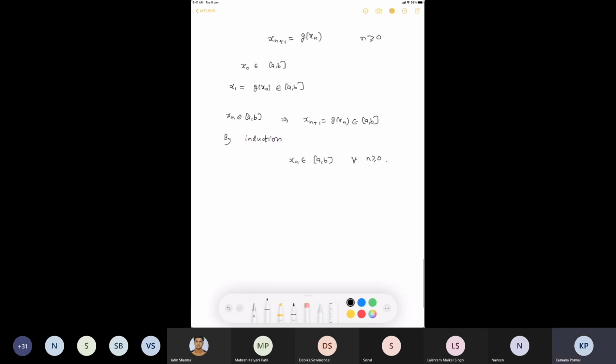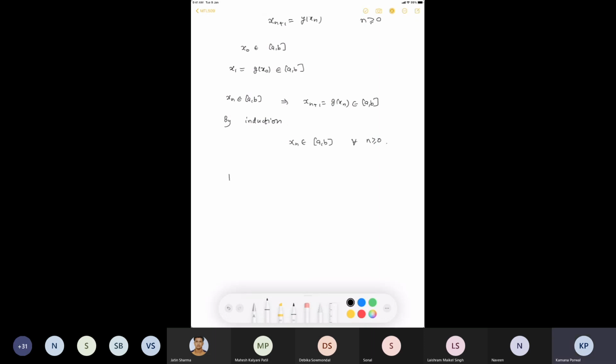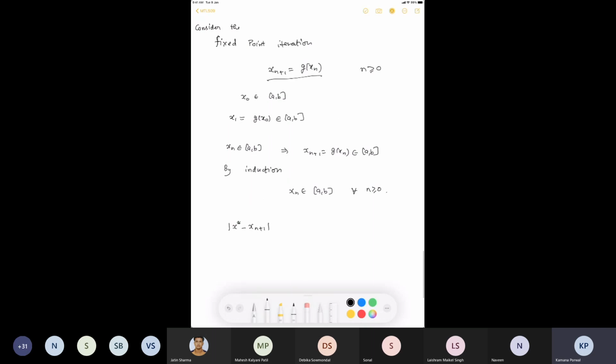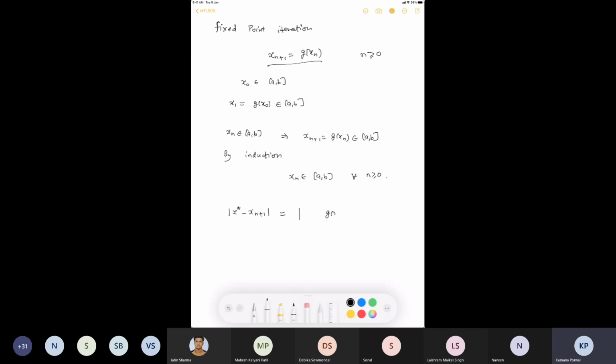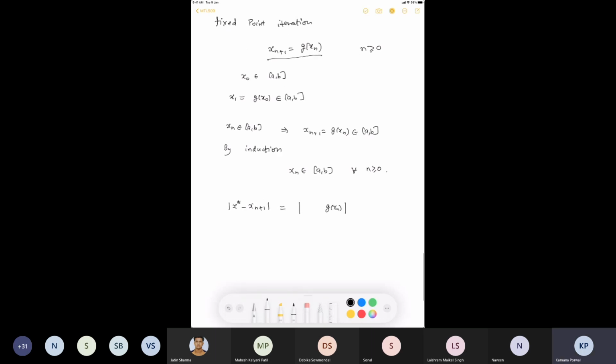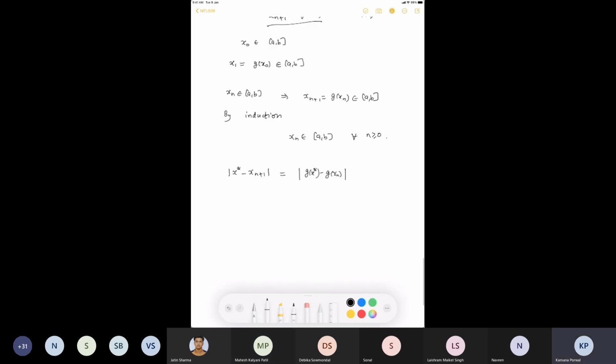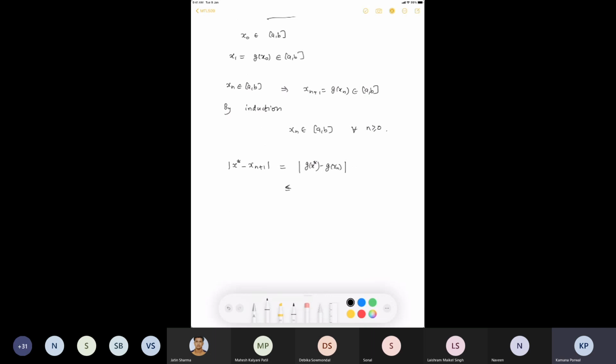And what is going to happen to the convergence of this sequence? We have to analyze x star minus x_{n+1}. What is given to us is that x_{n+1} is nothing but G of x_n, and x star is a fixed point, so x star is the same as G of x star. Again, I'm going to use a similar argument as in the uniqueness part.